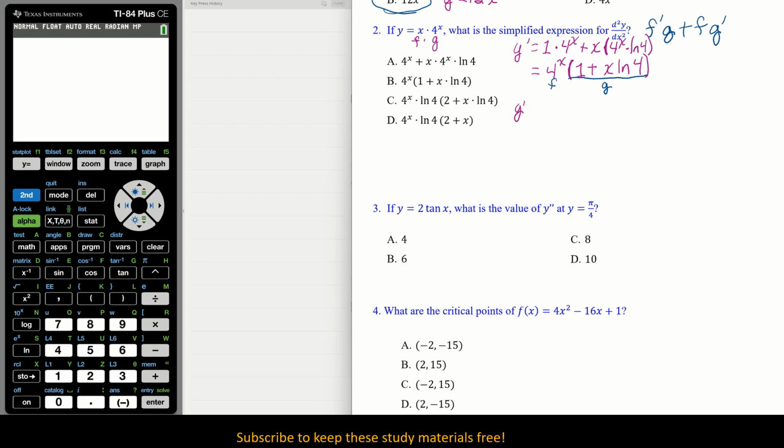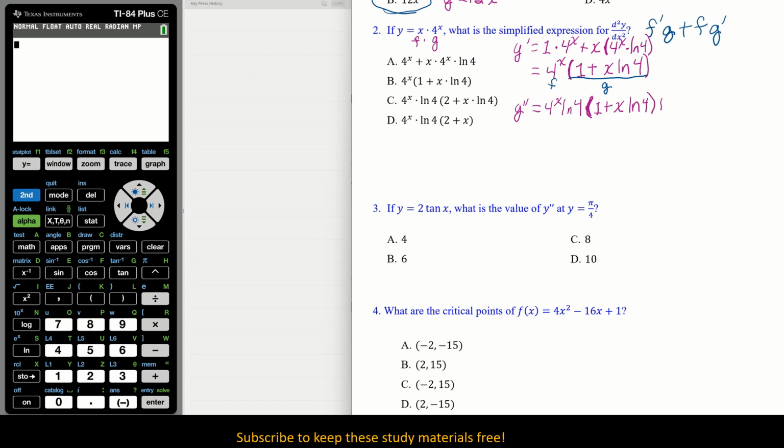That gives us y double prime equals f prime, which is 4 to the x ln 4, multiplied by g as it is, in parentheses, 1 plus x ln 4.